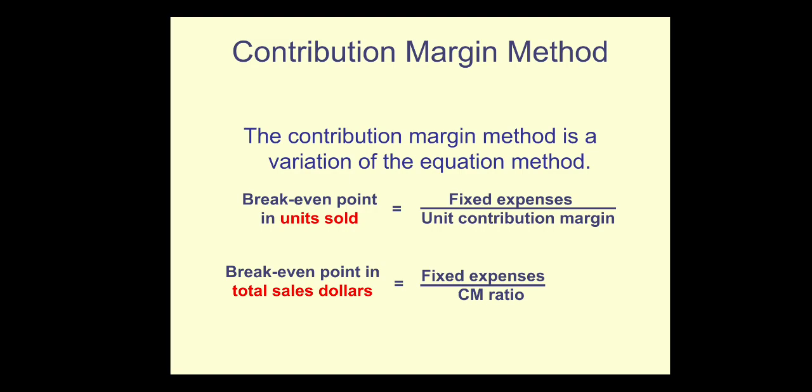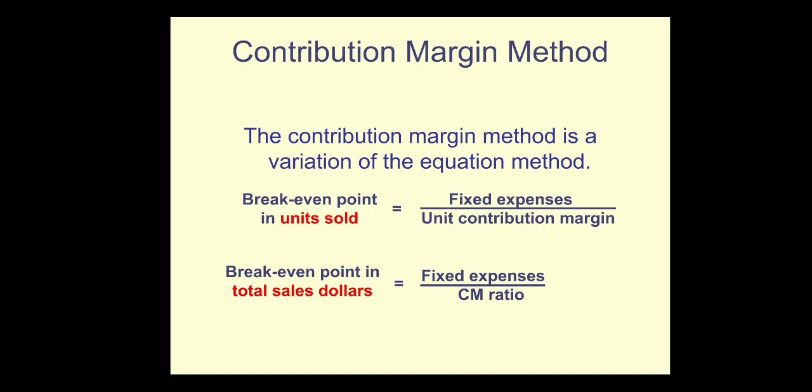Now if you want to calculate break-even point in terms of dollar using this contribution margin method, you have to use the formula at the bottom of this slide: fixed cost divided by CM ratio. Fixed cost is 80,000, and how to calculate the CM ratio? The CM ratio is unit contribution margin, which is 200, divided by the price, which is $500. So $200 divided by $500 equals 0.4.